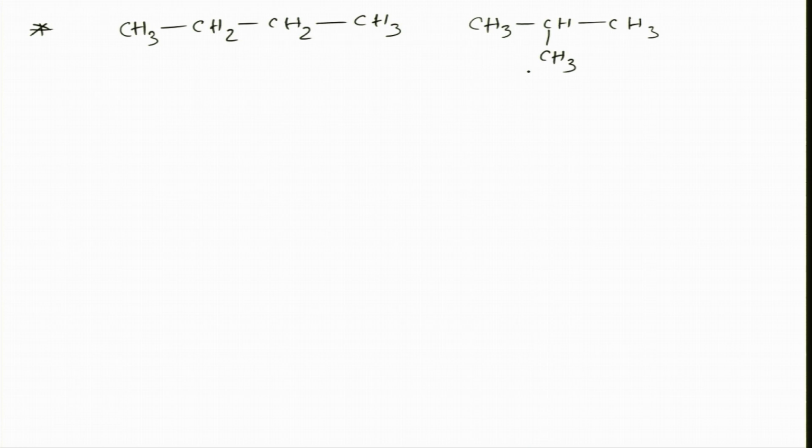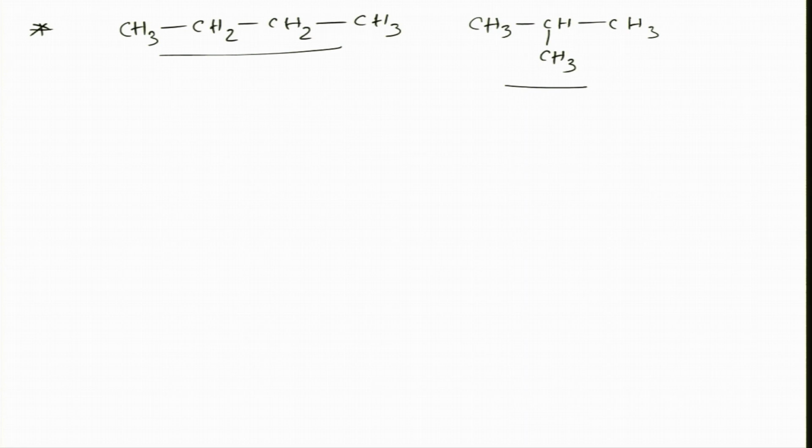Okay. So, they have the same molecular formula. So, they have the same number of carbons and hydrogens, but do they have the same boiling points? The answer is no. Since they are two different compounds, their boiling points are also different.